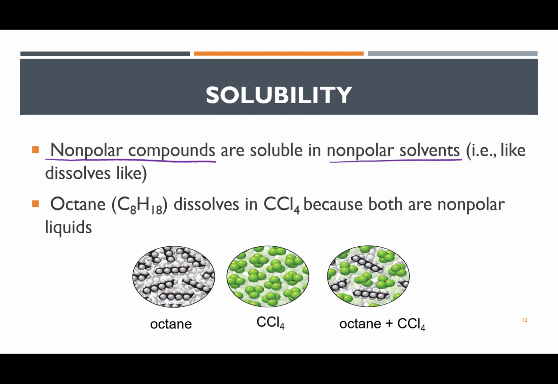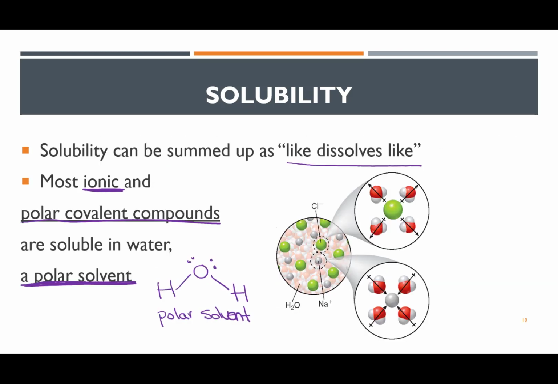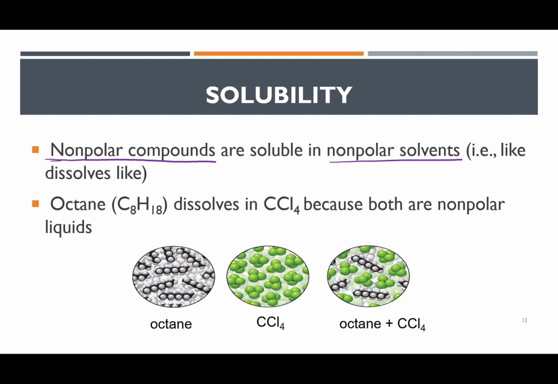That's all I want you to know from solubility for now. I will talk about it in more detail in later chapters, but what I need you to know is that like dissolves like: ionic and polar molecular compounds are soluble in polar solvents, and non-polar compounds are soluble in non-polar solvents. An example of non-polar compounds and solvents is a lot of the organic compounds, which are non-polar.